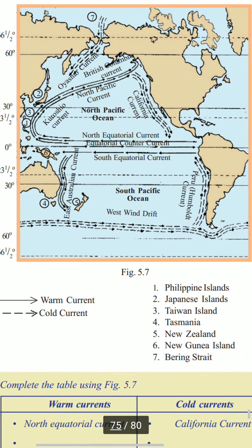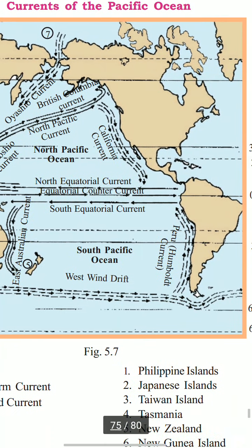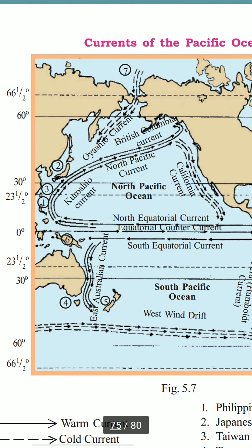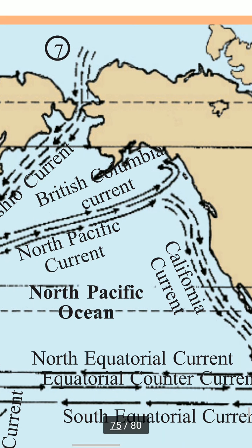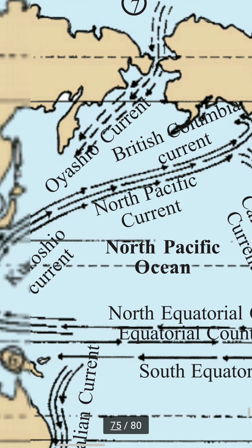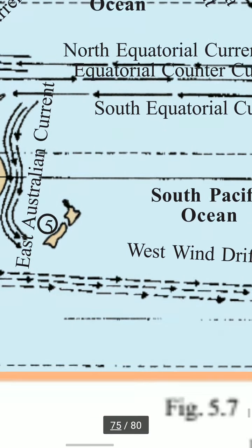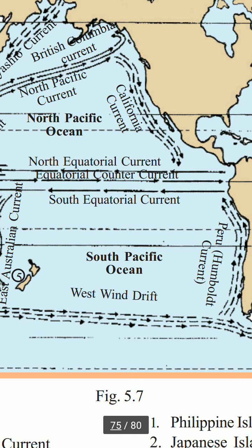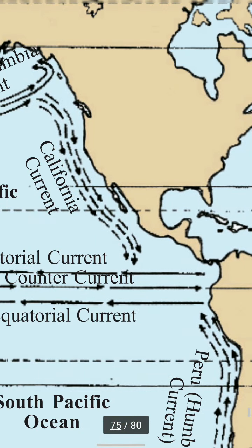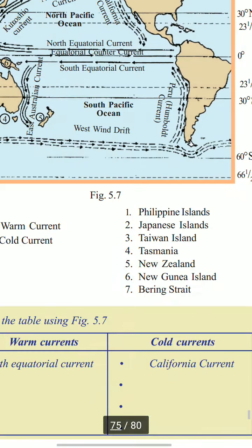So the long-distance flow is the warm current. When it moves upwards, as you can see, it is the warm current, from tropical region to polar region, on both sides. Again, from the polar to the tropical region, if it moves, what happens? It is cold current.